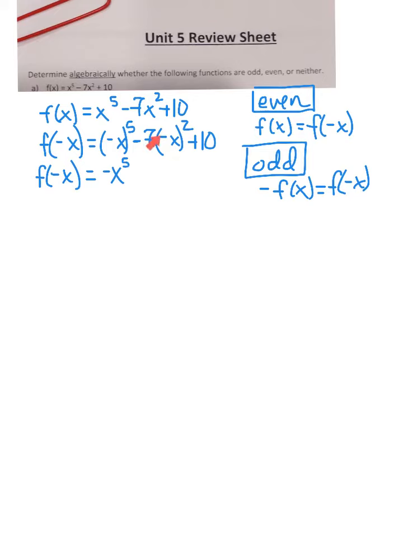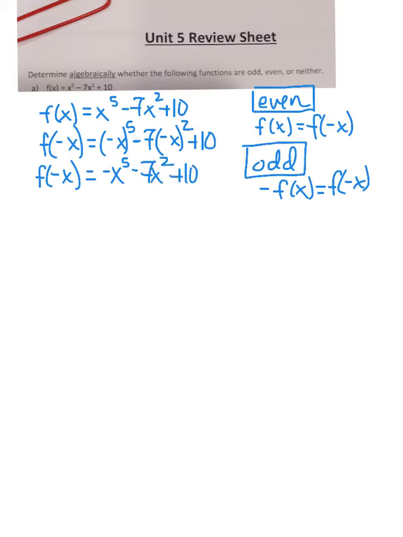Now, if I have a negative raised to the 2nd power, that's going to give me a positive. Times this negative 7, however, will leave me with negative 7x squared there. So negative 7x squared, and then plus 10.